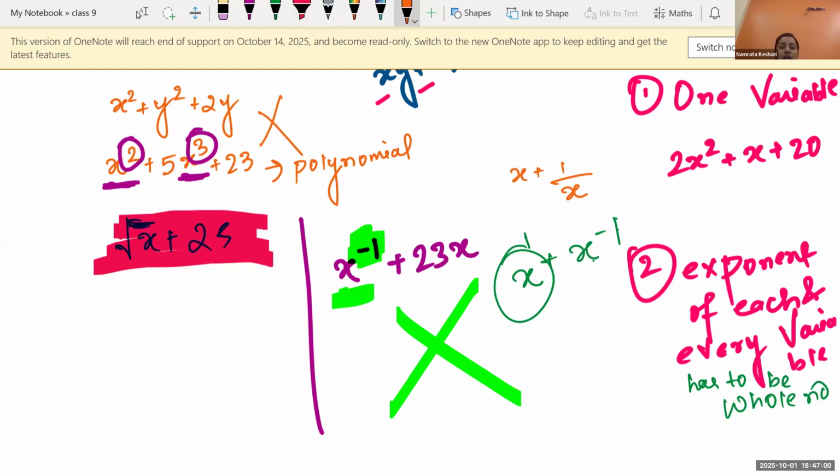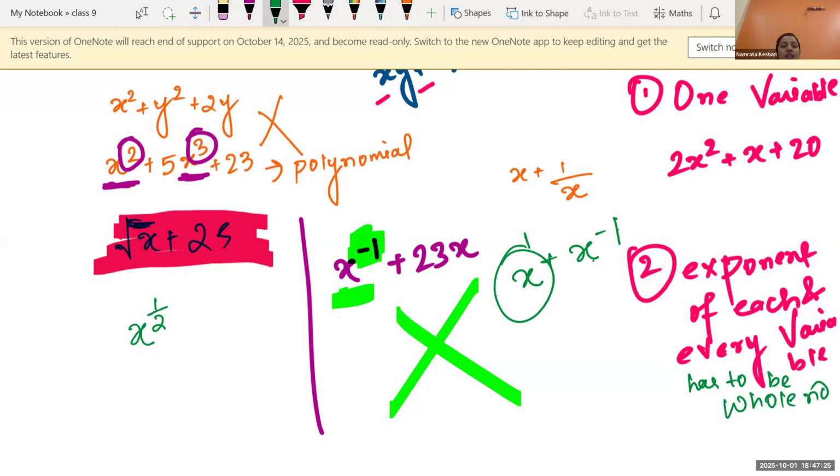Is there one variable? Yeah. Rule number two: the exponent of each and every variable needs to be a whole number, and the x which is inside the root can be written as x to the power 1 by 2. Do you know that? Square root can be written as power 1 by 2.